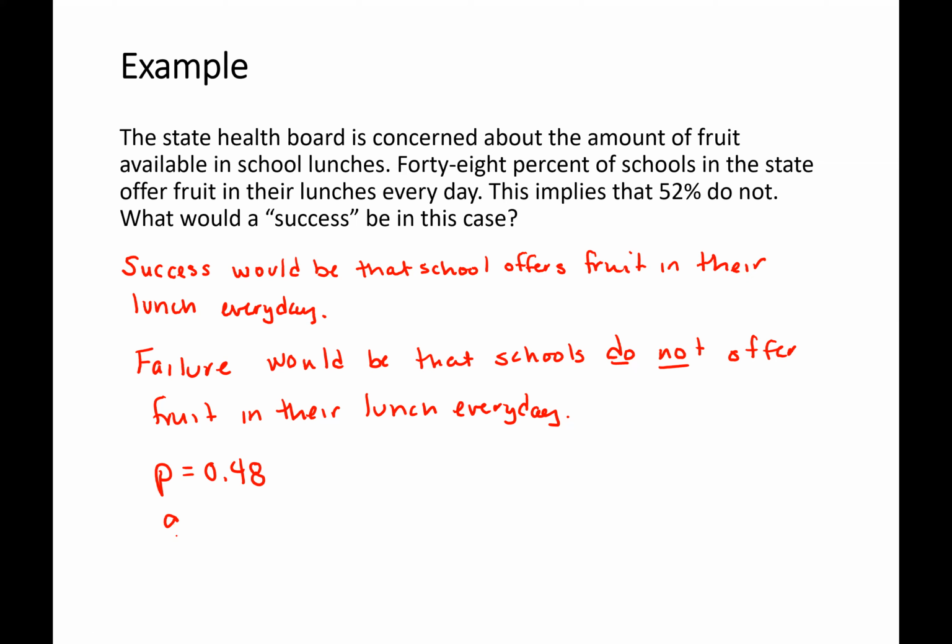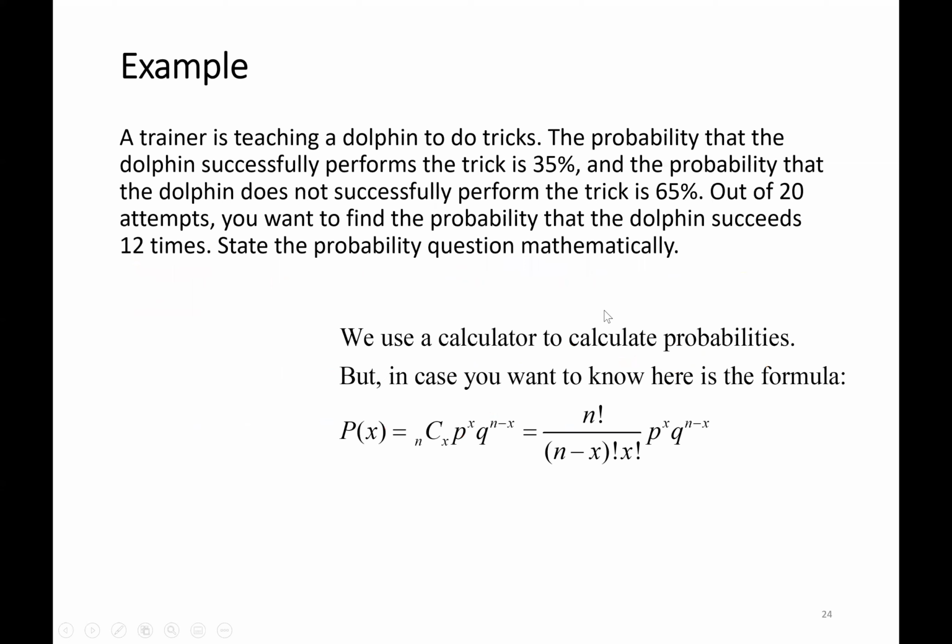So the probability of a failure would be 0.52. All right, so let's move on to the next example, and let's demonstrate how you would write a probability question. A trainer is teaching a dolphin to do tricks.